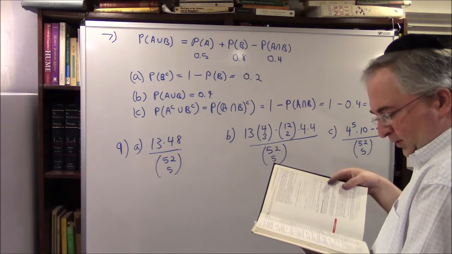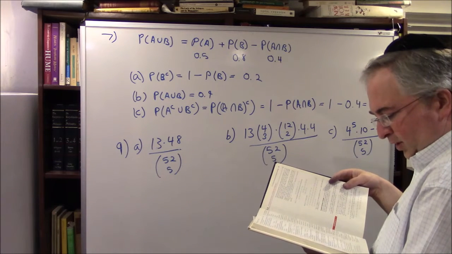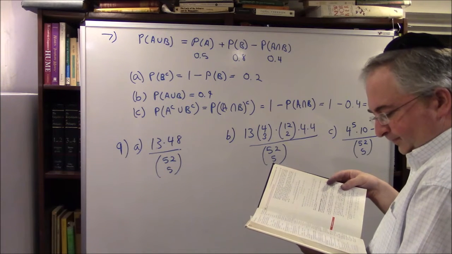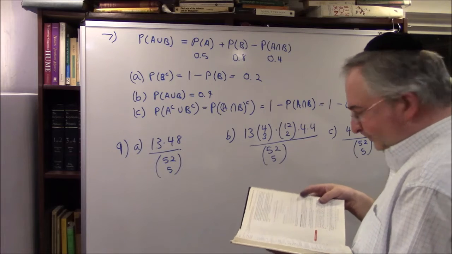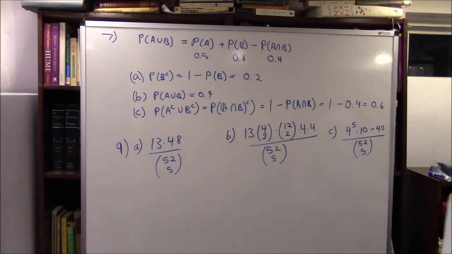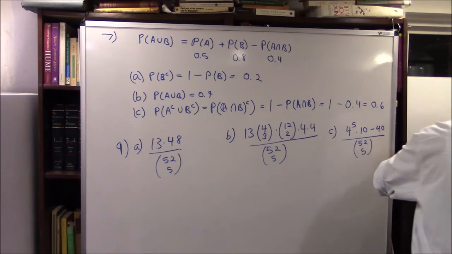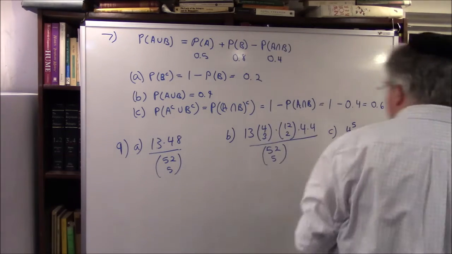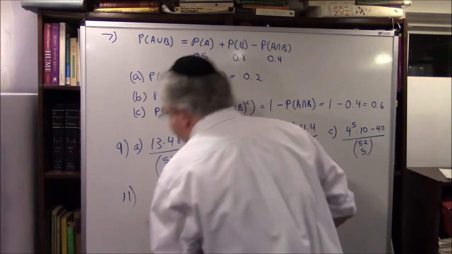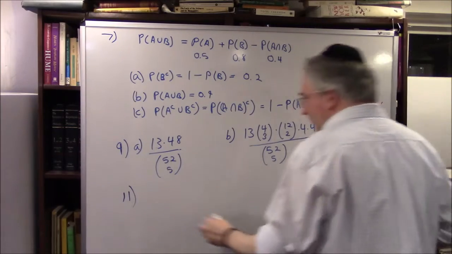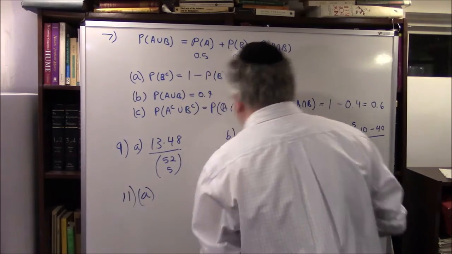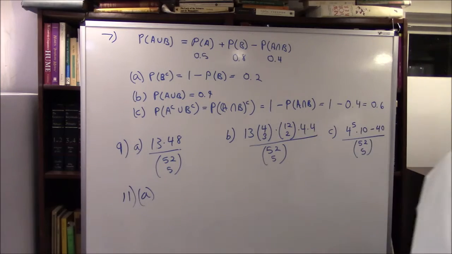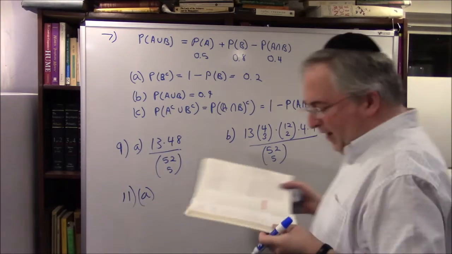Okay, great. Let's do number 11. Number 11 has a lot of writing, and I don't want to write it out, so let's just talk it out. Number 11A. Let's read it. A black die and a red die.